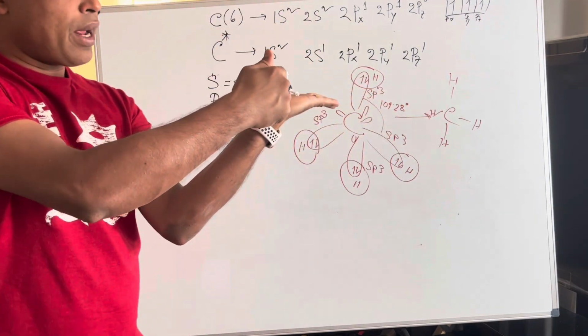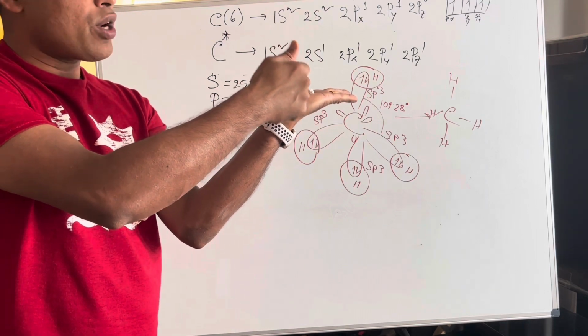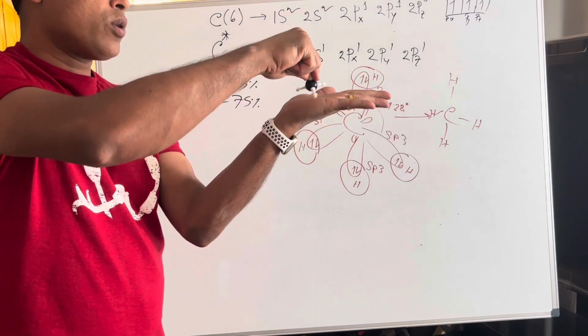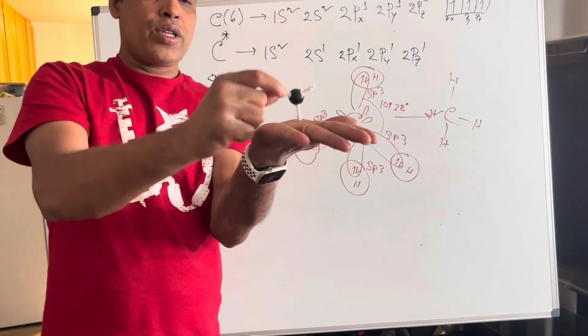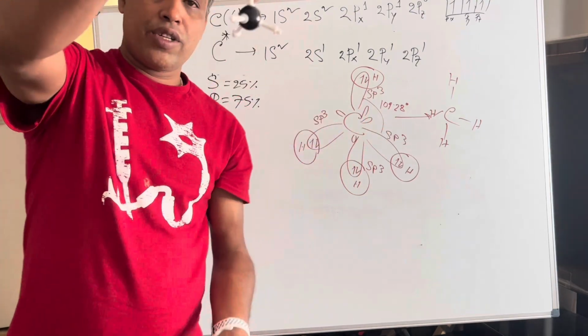Each bond is at 109.28 degrees from here, from here, from here, and any rotation you do, it will look the same. So this is called tetrahedral shape.